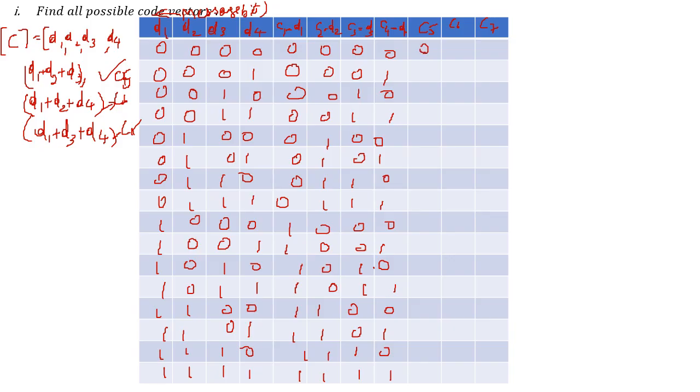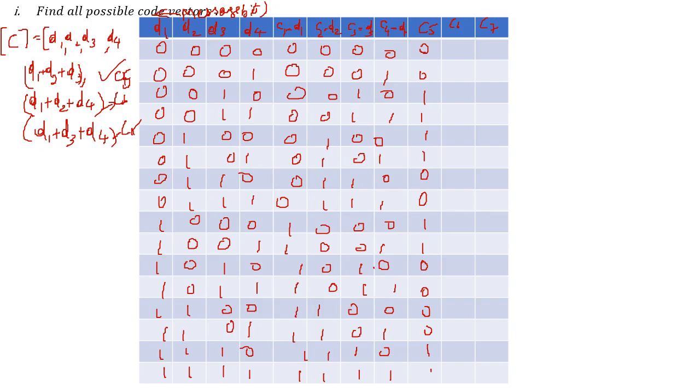We are going to get 0 0 1 1 1 1 0 0 1 1 0 0 0 0 1 1. Okay, so this will be the C5 bit as per the equation D1 plus D2 plus D3, and remember that it is a modulo 2 addition.